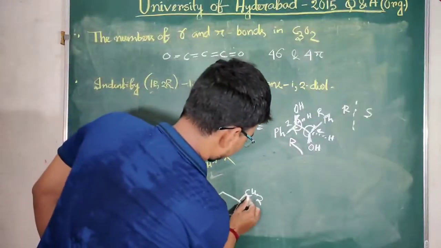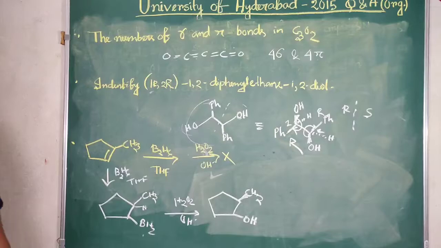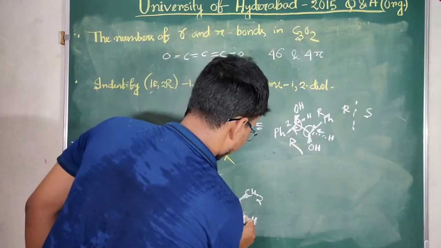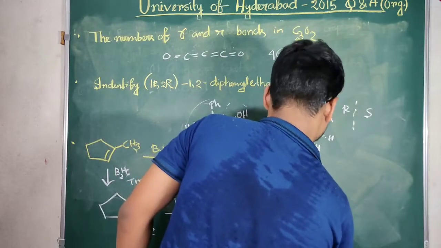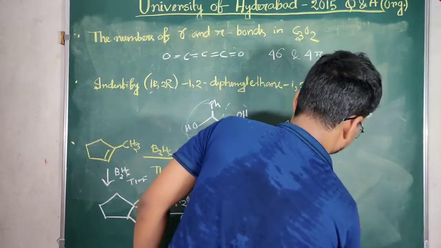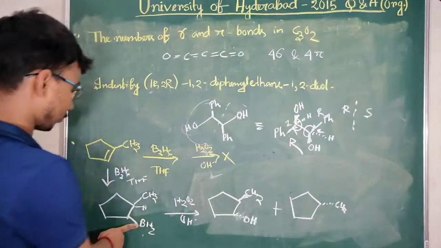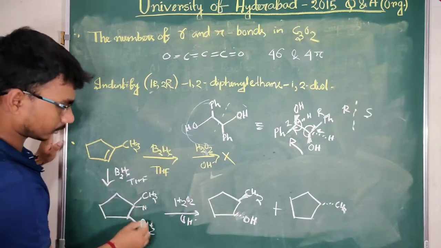This CH3 and OH will be in opposite stereochemistry, as BH2 and CH3 are in opposite stereochemistry.